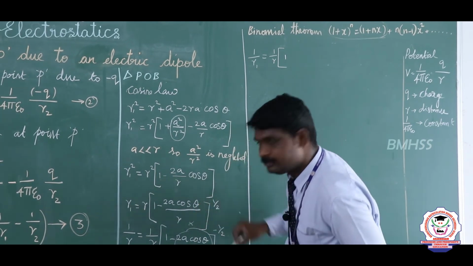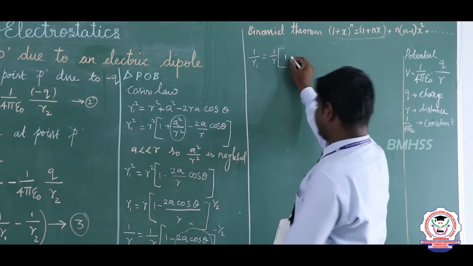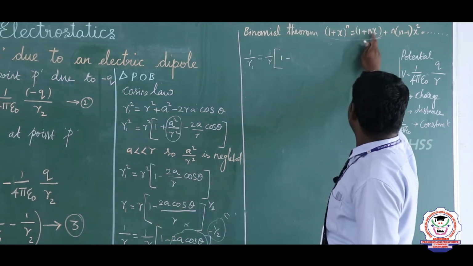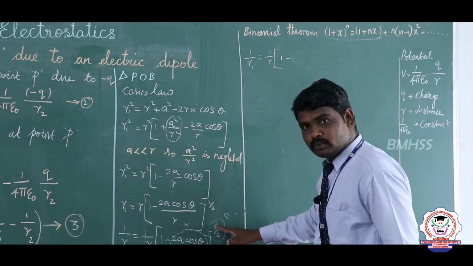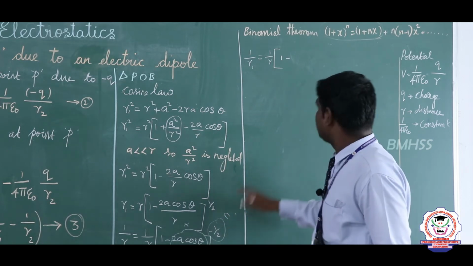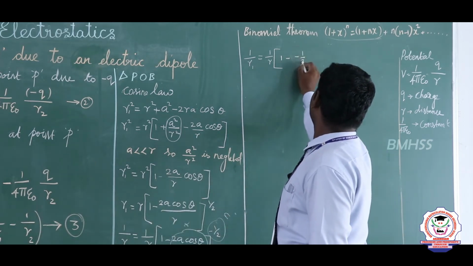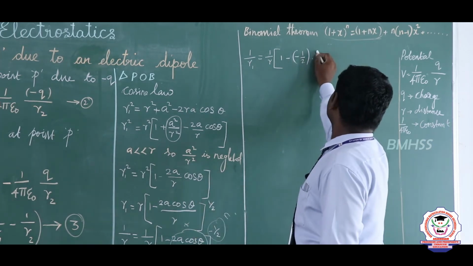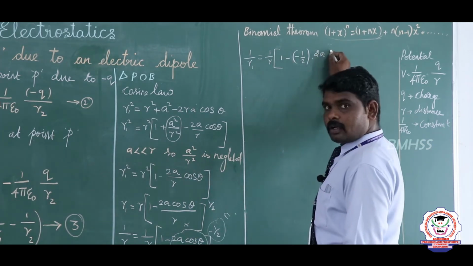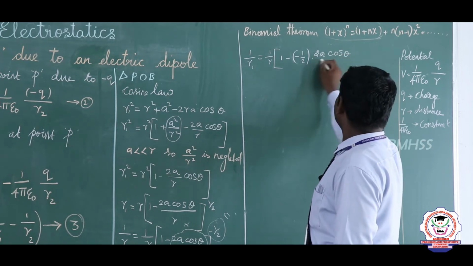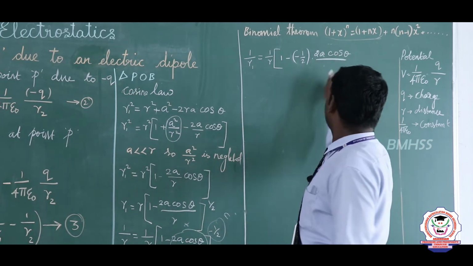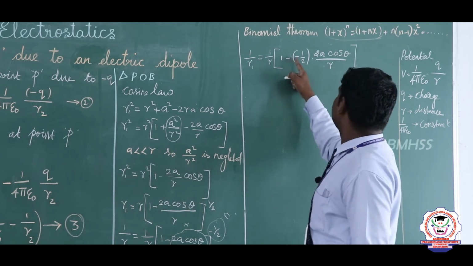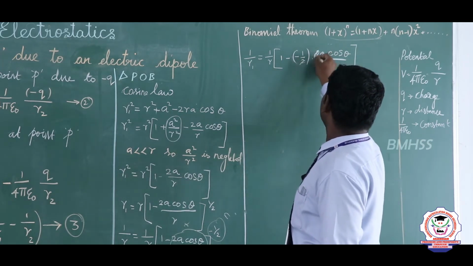Right? So here 1 minus, what is the formula? nx. Here n is minus 1 by 2, so minus 1 by 2 into x, where x is 2A cos theta divided by R. So minus into minus is plus, and 2 will be cancelled.